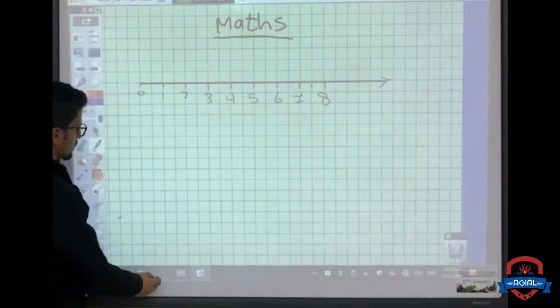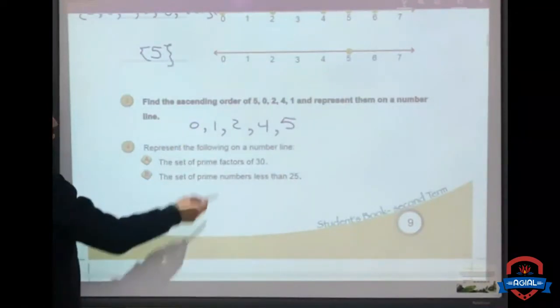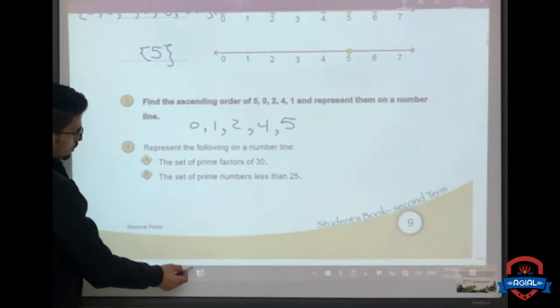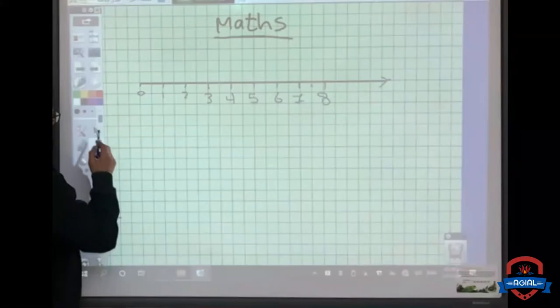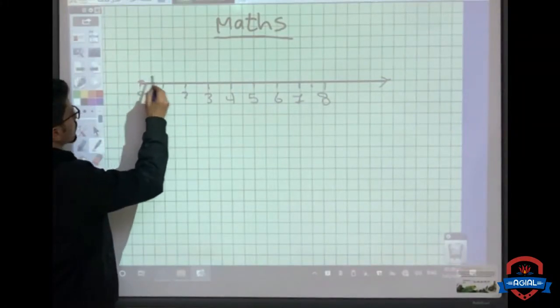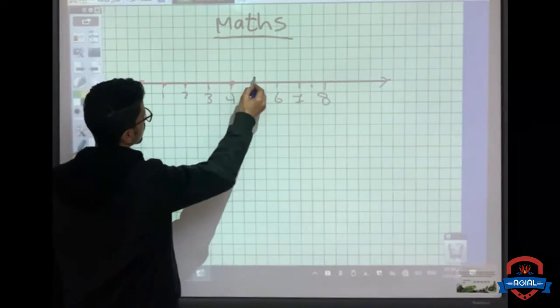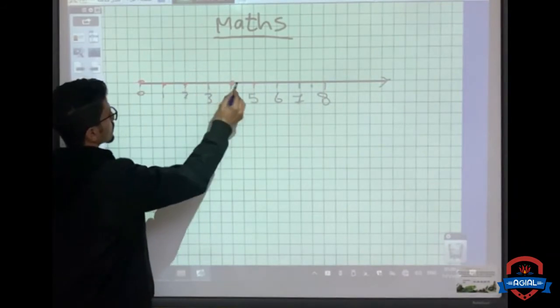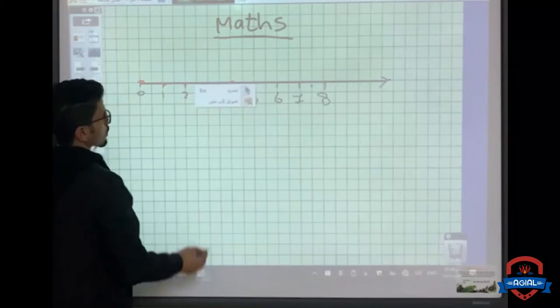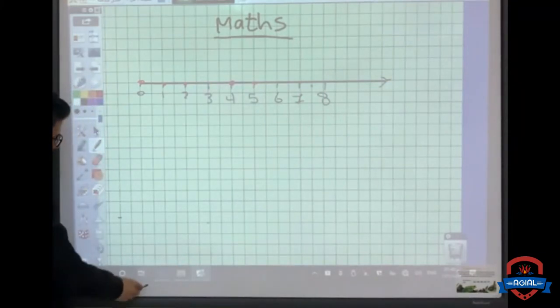And we need to represent the elements 0, 1, 2, 4, 5. So we represent our numbers on the number line.